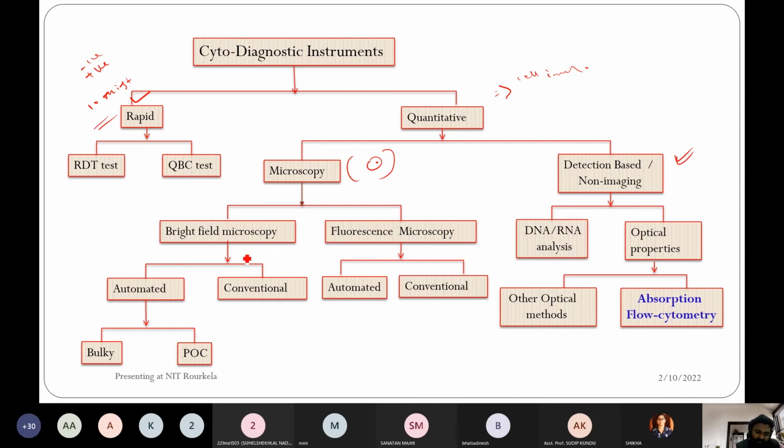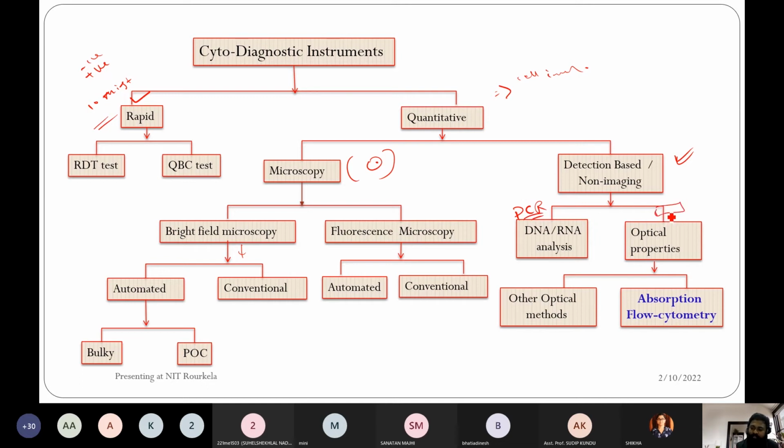Further, you can classify it into automated or conventional. Automated can be bulky as well as point-of-care, while conventional means the conventional microscope we are using. Similarly, based on detection analysis, you can identify DNA and RNA information, that is PCR and other techniques, and some optical properties.